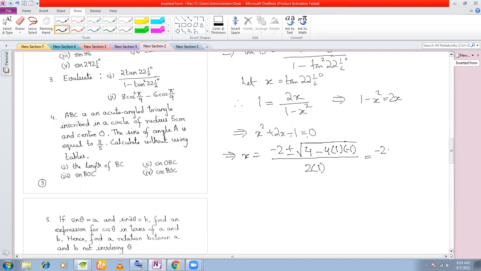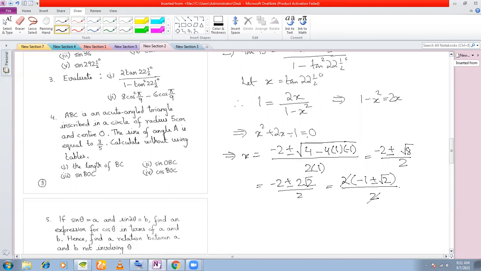So you get minus 2 plus or minus root 8 divided by 2. Now root 8 you can write as 2 root 2. Now here you can take 2 common in the numerator to get minus 1 plus or minus root 2 divided by 2. So that this and this will cancel.